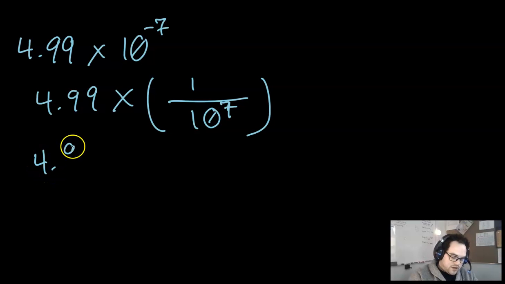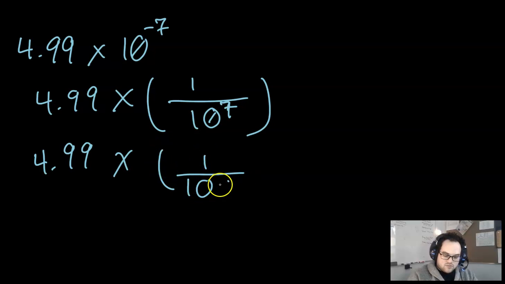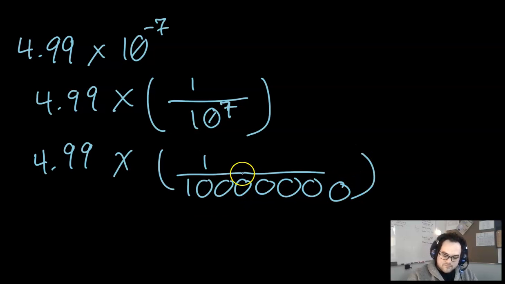So you have 4.99 times 1 over a lot of zeros, 7 specifically, 1, 2, 3, 4, 5, 6, 7. And what we're actually going to end up doing is dividing 4.99 by 10 million.